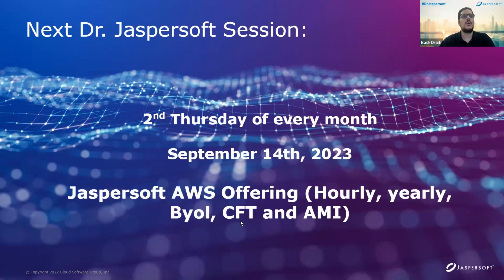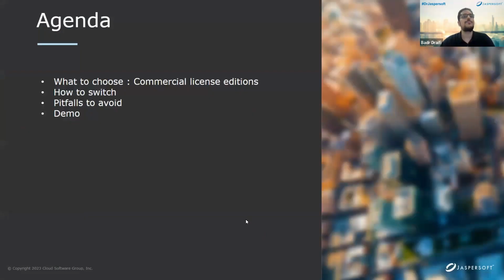Thank you guys. So yeah, we'll just jump into our agenda. We will be talking about what to choose first. Right, you are on the community edition and you're thinking about switching to a commercial license. Where will you go from there? What license edition will you choose?